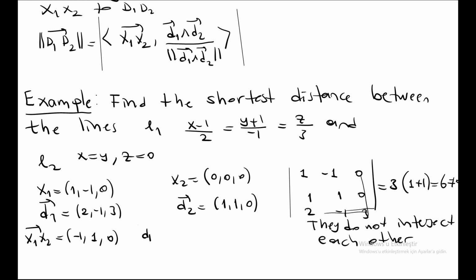So d1, d2 cross product will be 2, negative 1, 3, 1, 1, 0. So you have this one, negative 3, 3, and 2 plus 1, 3.